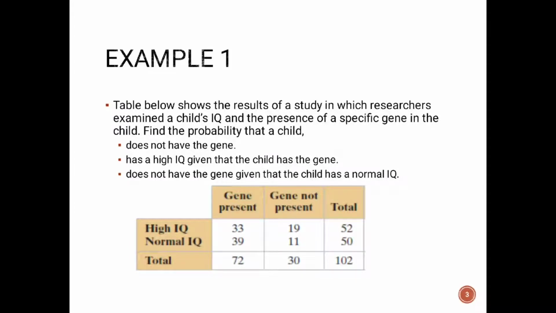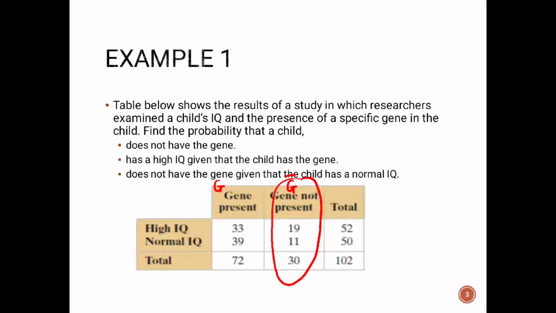Does not have the gene is referring to basically this column. Let's rename the column: let's say this is column G, and let's denote this as column G bar.